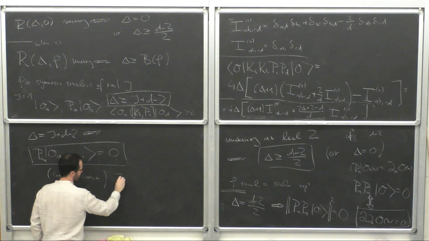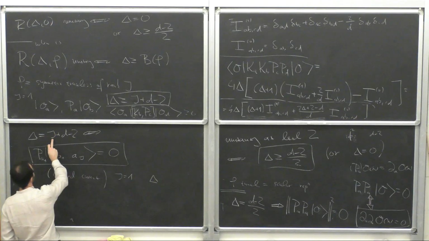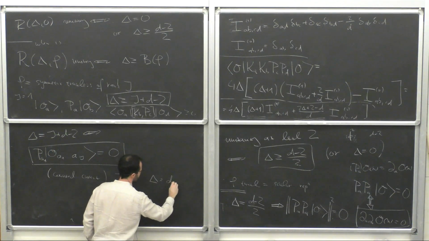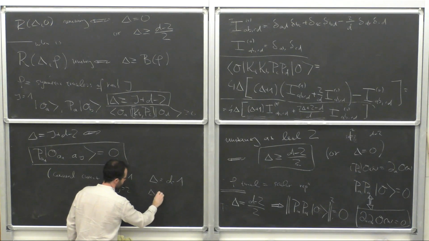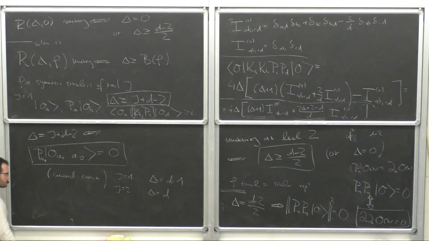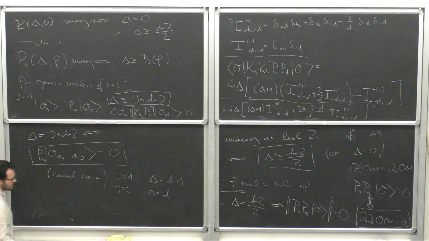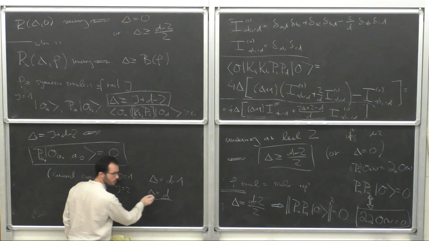Now for j equal 1, you get that delta is d minus 2 plus 1, which is d minus 1. For j equal to 2, you get that delta must be equal to d, which can really only happen for the stress energy tensor. So the stress energy tensor is the only allowed spin 2 conserved current. And indeed its dimension is d, as it should.